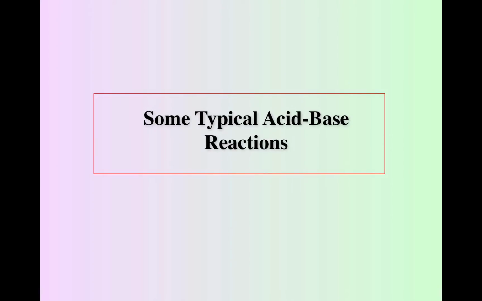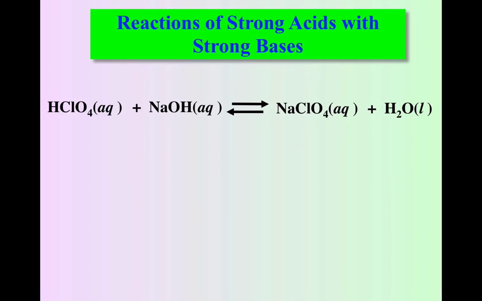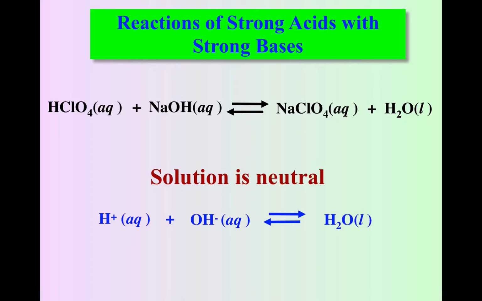All right, so we've already talked earlier on in the course about acid-base neutralization reactions. If I react perchloric acid with sodium hydroxide, perchloric acid's a strong acid, it completely ionizes. Sodium hydroxide is a soluble hydroxide, so they completely separate.